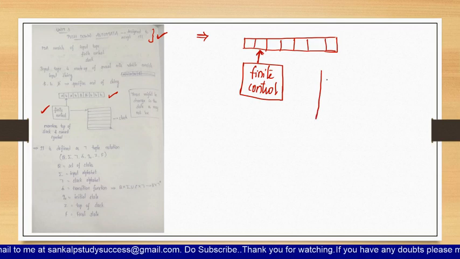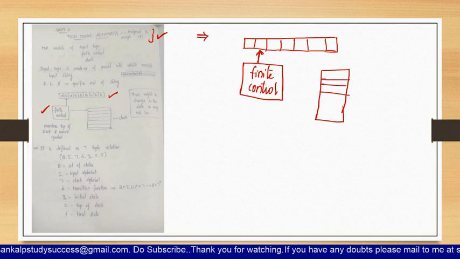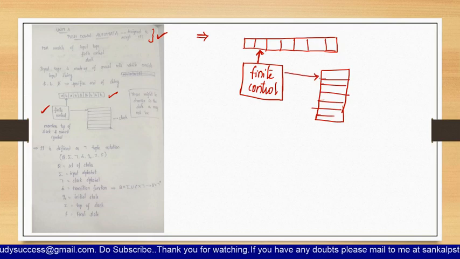And there is also a stack for us, where we are going to store the values. So there is a stack here and it is going to point to the top of the stack. Okay, so that means this is the top of the stack. So finite control is going to examine the current input symbol and also the current top stack alphabet.